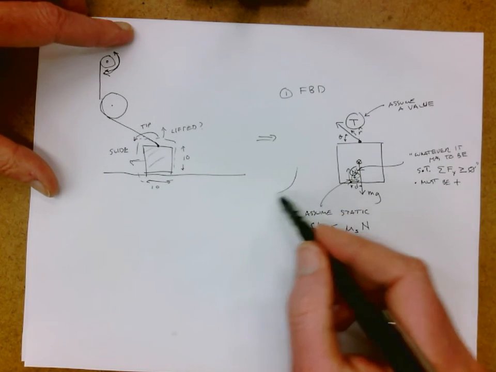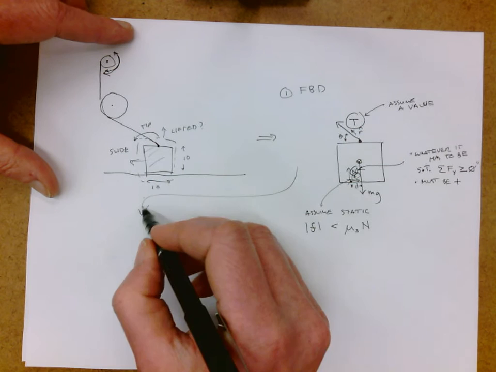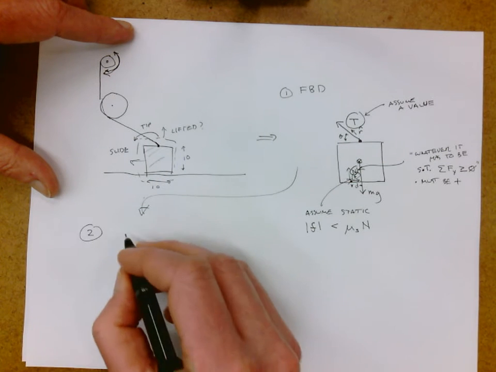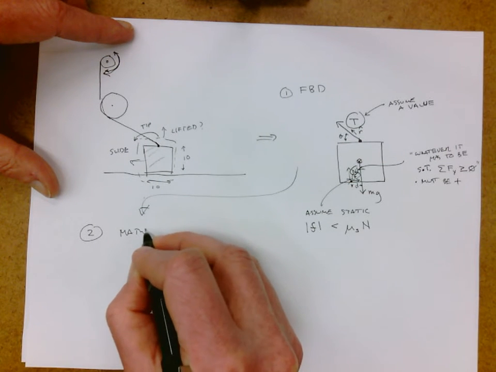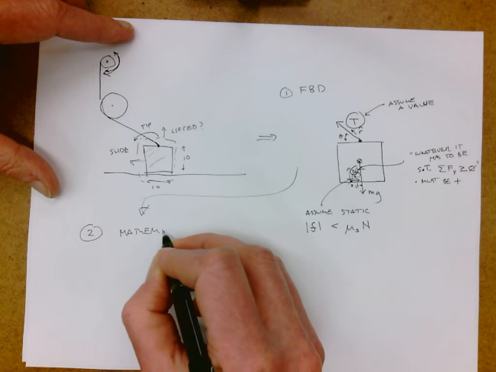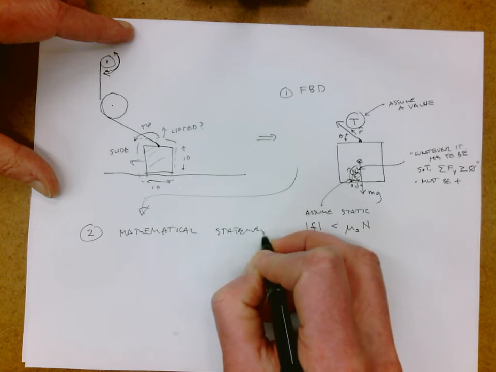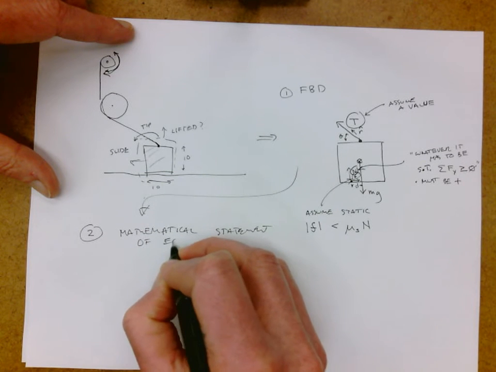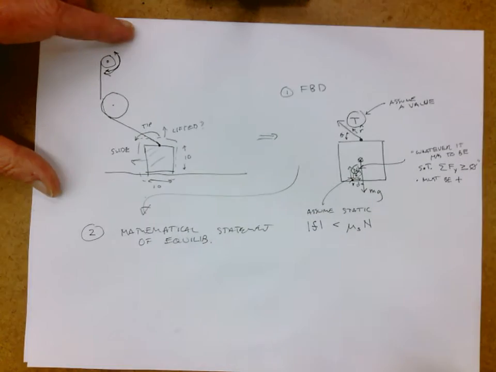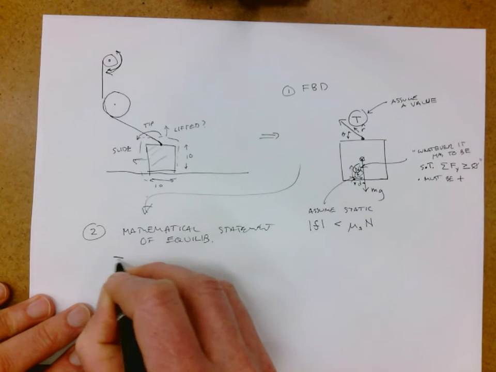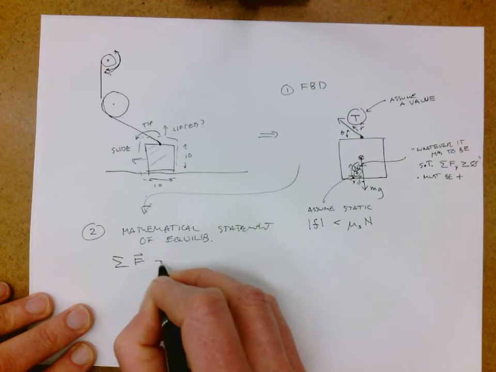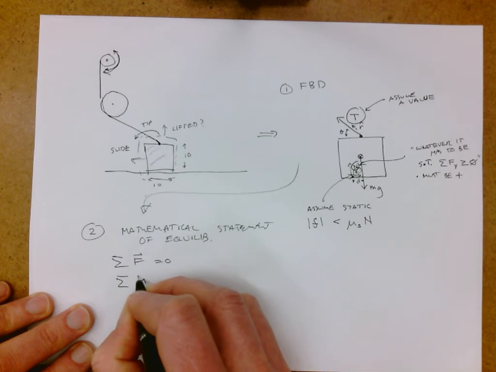All right, now that we've got the free body diagram, our next step is to translate that free body diagram into a mathematical statement of equilibrium. The mathematical statement of equilibrium in general, of course, is sum of forces is 0 and sum of moments is 0.